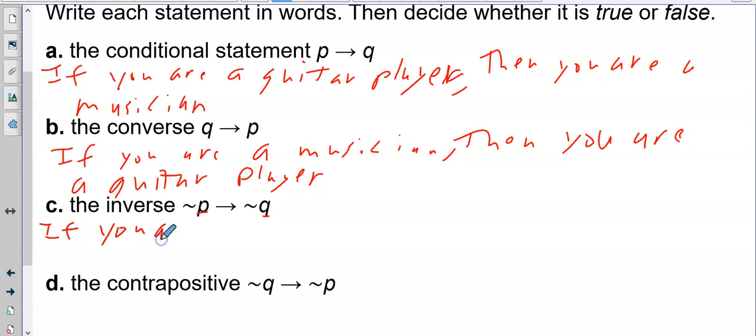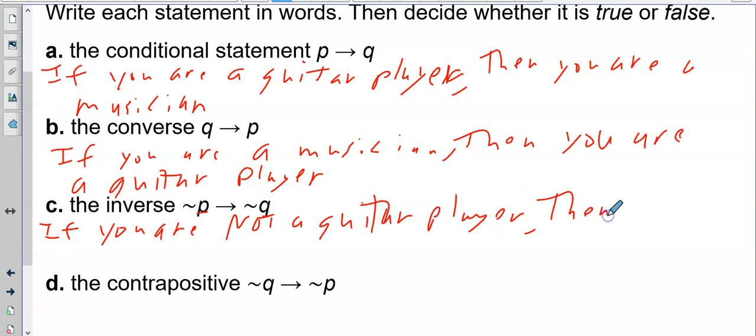If you are not a guitar player, remember, we're keeping the same order as the first one, then you are not, we're negating them both, a musician.